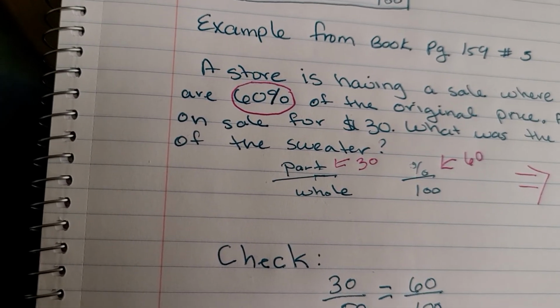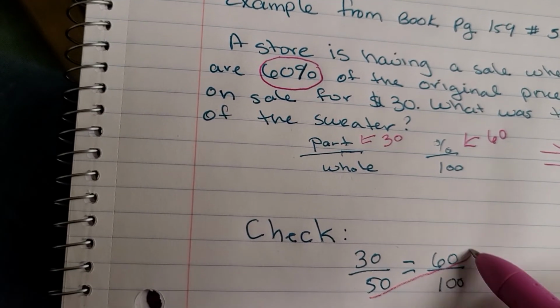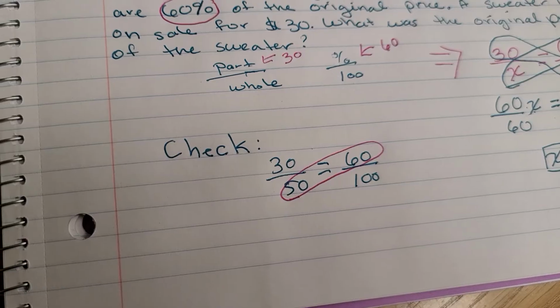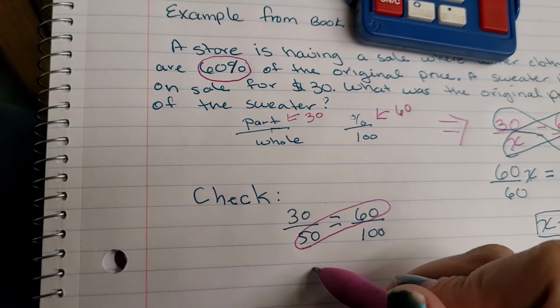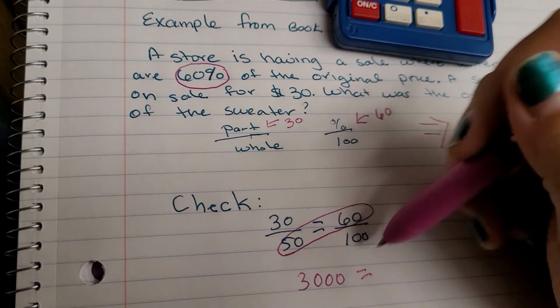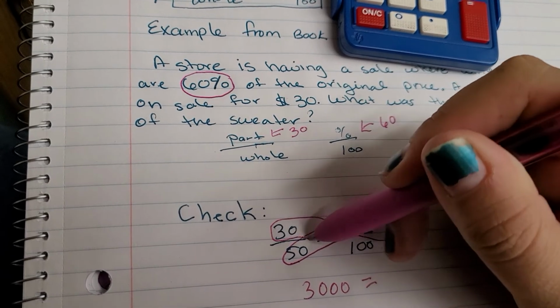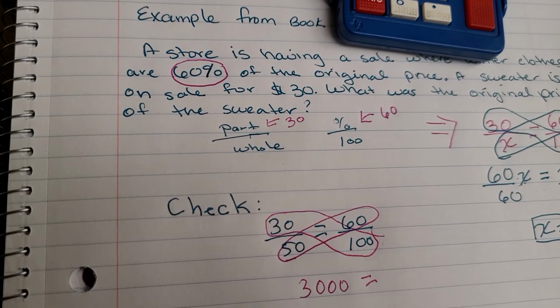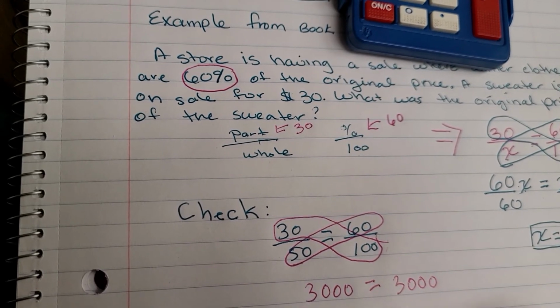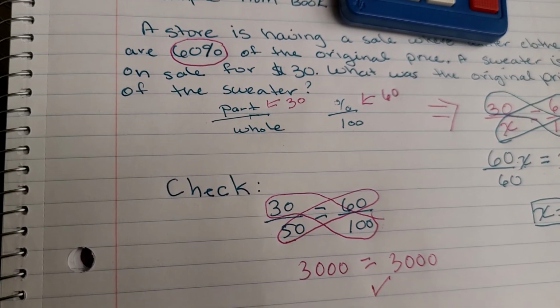And if I were to do my butterfly method, I should have this equal. So let's see. What is 50 times 60? So that's going to give me 3,000. Okay, now let's see if this is true. What is 30 times 100? Well, it's also 3,000. So is it equivalent? Yes, you just checked it.